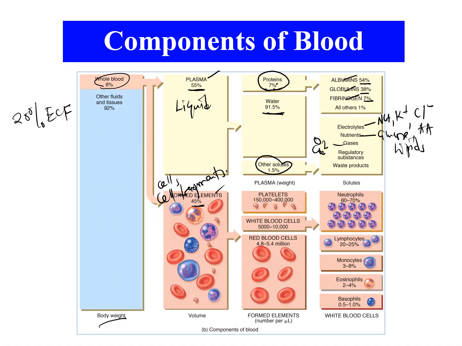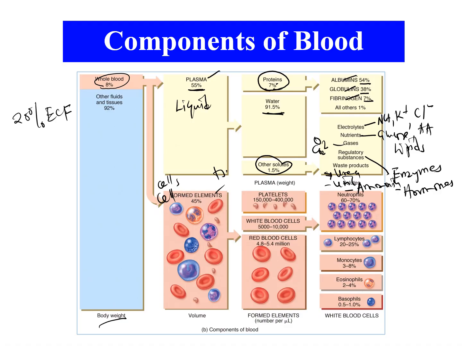Regulatory substances include enzymes and hormones. Waste products include urea, uric acid, and ammonia, though there are other waste products that I didn't mention here, but those are some of the examples.